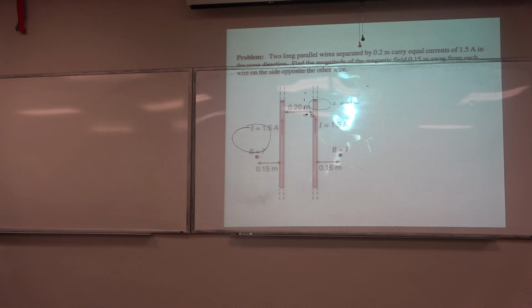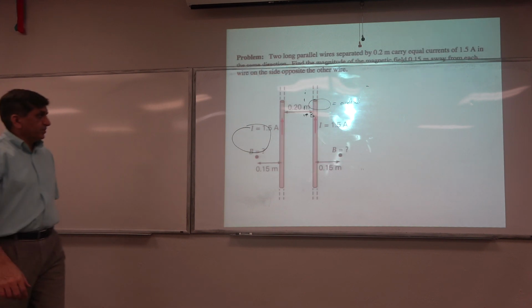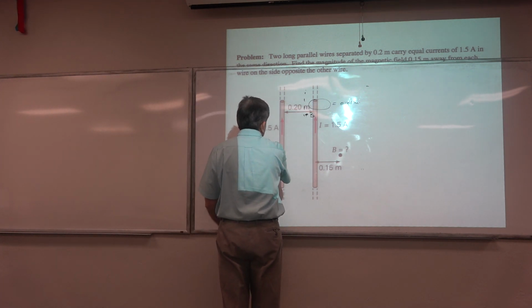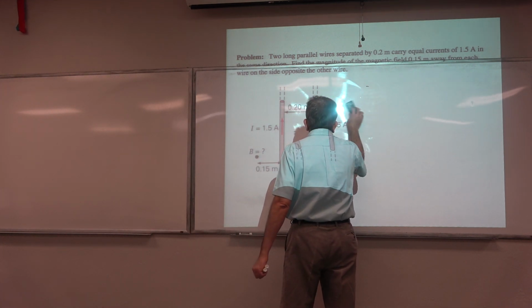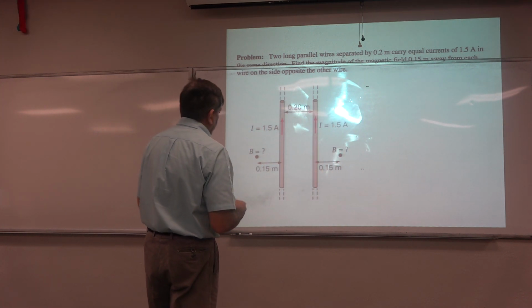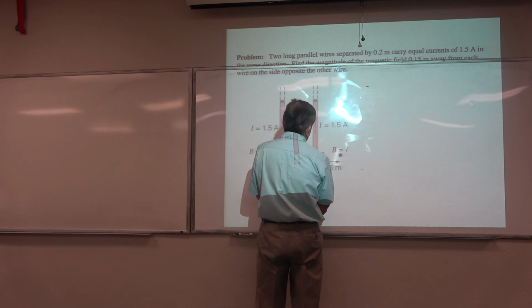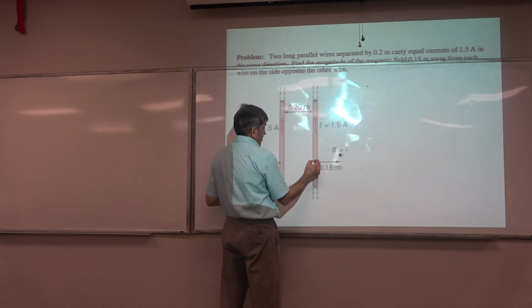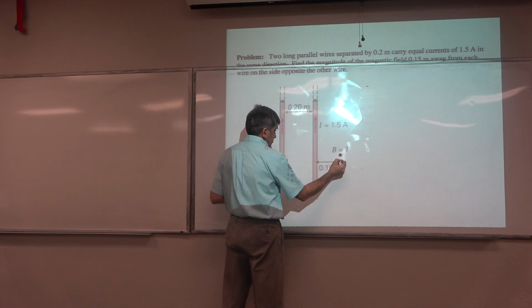Here are two wires carrying a current in the same direction. They are separated by a distance of 0.2 meters, and you have to find the magnetic field on either side of the wires at 0.15 meter distance. This magnetic field will be due to this wire and due to this wire.